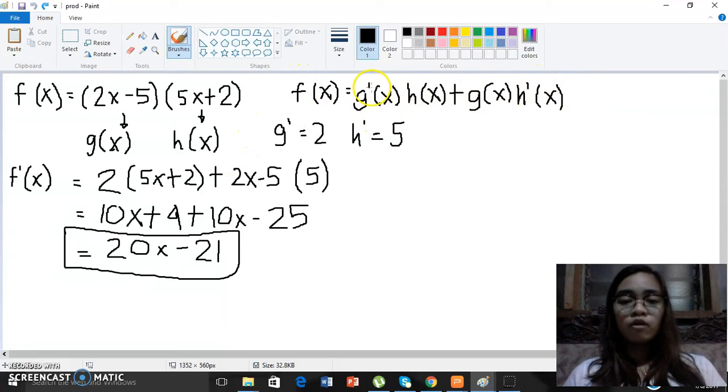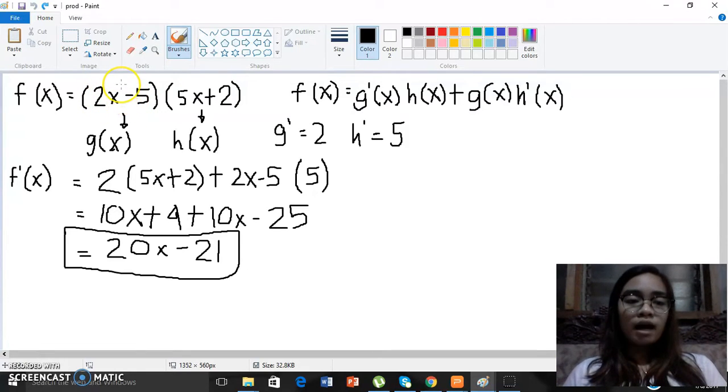Before we solve this one, to make it easier, we should also get the value of g prime and h prime. The value of g prime here is equal to 2. Where did I get this 2? I get it here, in 2x minus 5.